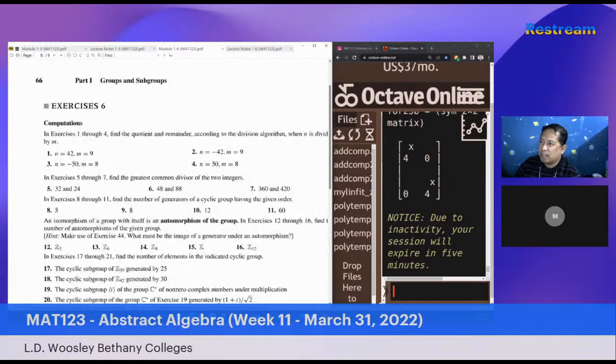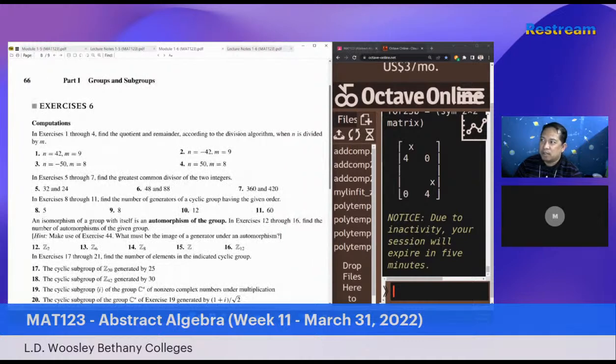Okay, are you ready, Michaela? Let's solve some problems here on 1 to 6. Now, from exercises 1 to 4, find the quotient and remainder according to the division algorithm. So that's necessary. So n is 42 and m is 9. So we could divide actually.